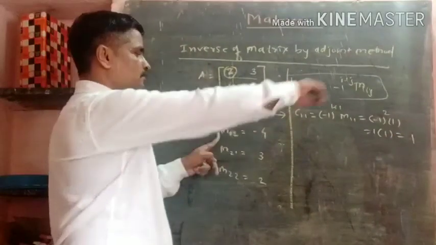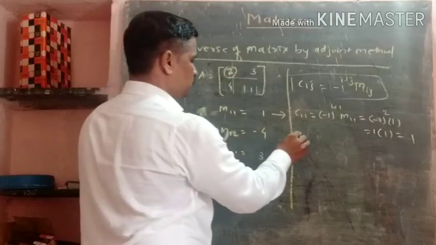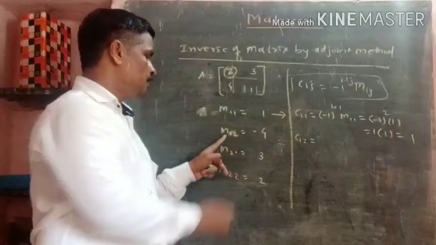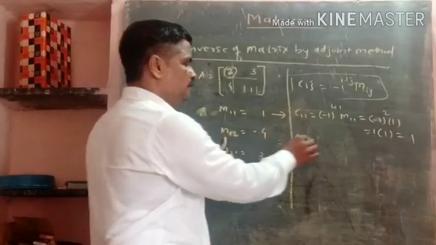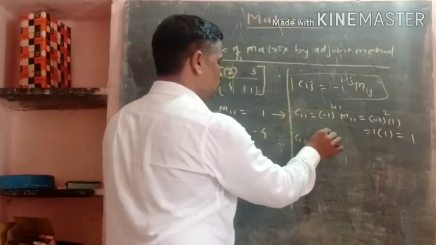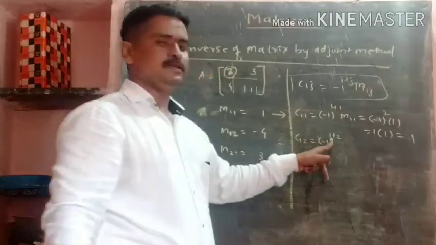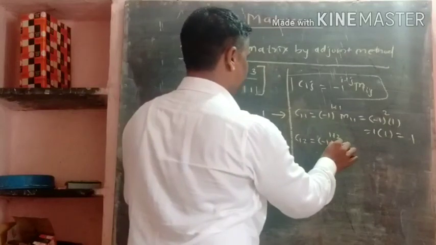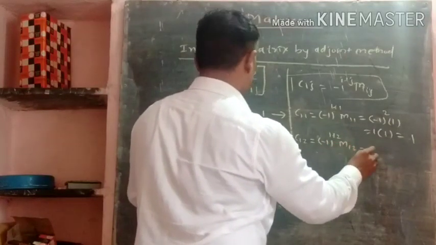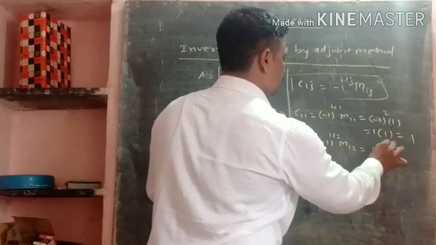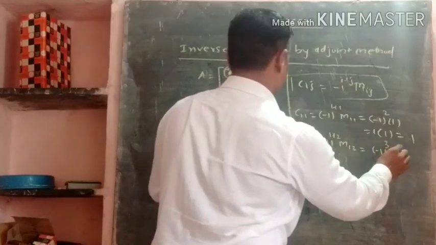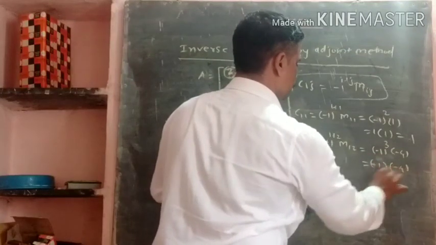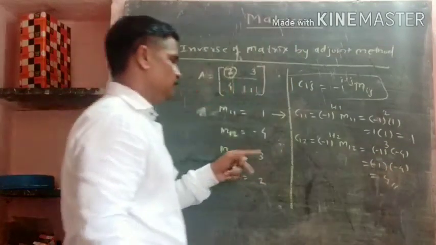Again consider C12. C12 means that number belongs to the first row and second column. That means we have to multiply minus 1 raised to 1 plus 2, 1 plus 2 equals 3, into M12, that is equal to minus 1 raised to 3 into 4, that is minus 1 into minus 4, equals plus 4.